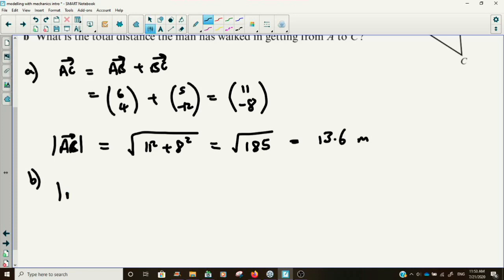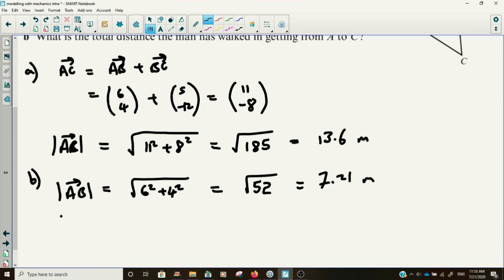The magnitude of AB is equal to the square root of 6 squared plus 4 squared. And if you just pop that in your calculator and work out what that is as a decimal, we get the value 7.21.